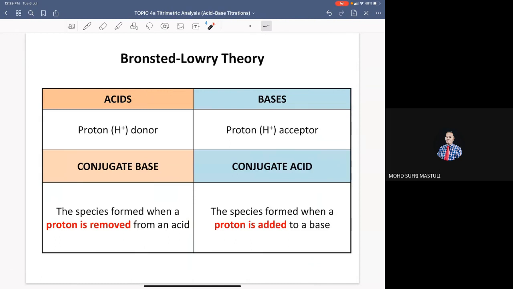Conjugate base is a species formed when we remove the proton from the acid. Meanwhile, a base is a proton acceptor. The species formed after the base accepts the proton is the conjugate acid. So in Bronsted-Lowry, we have acid and conjugate base, base and conjugate acid, acid as proton donor, and base as proton acceptor.